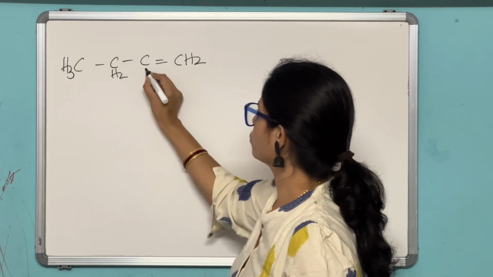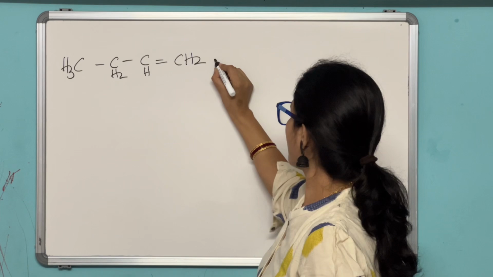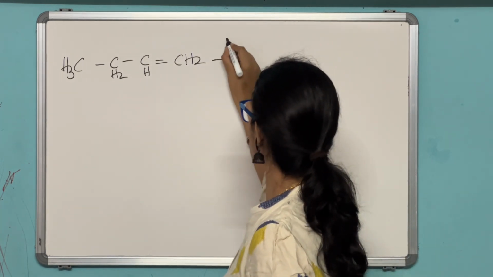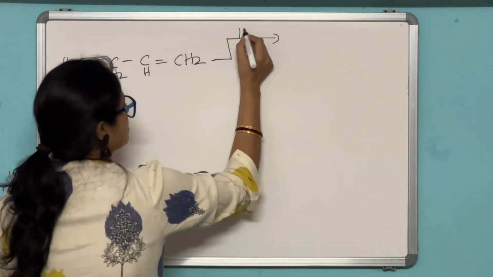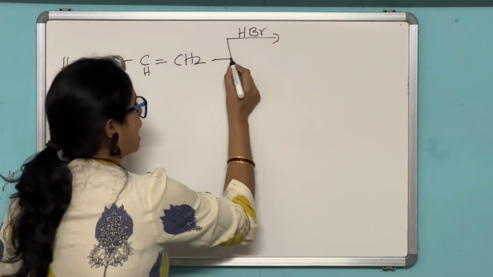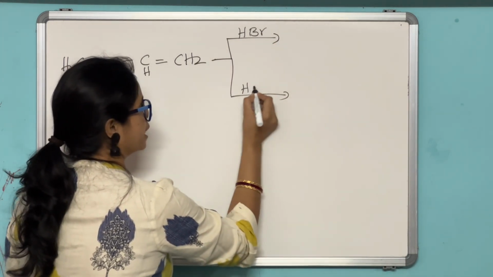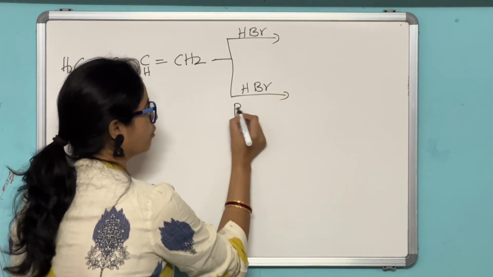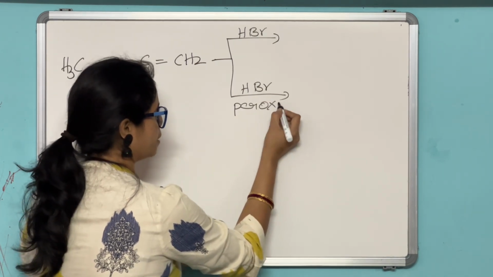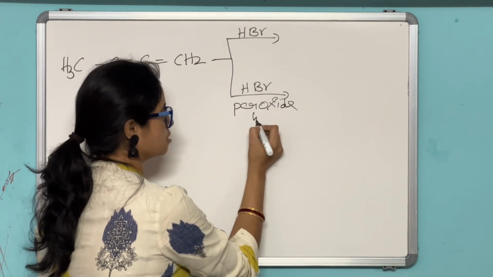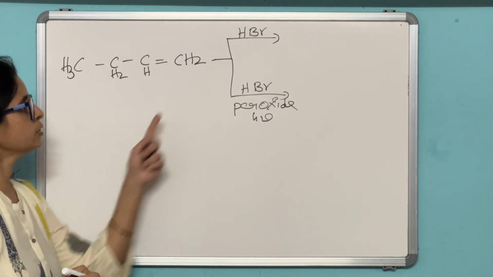It is CH2 and it is CH. Here I am giving you 2 questions. First one, it is simple HBr addition, and the second one, I am taking HBr along with peroxide, whatever may be the peroxide, and in presence of HNO. So write down the 2 products.